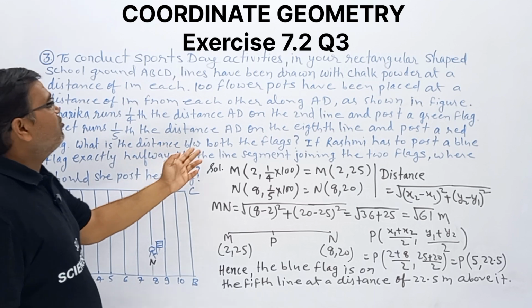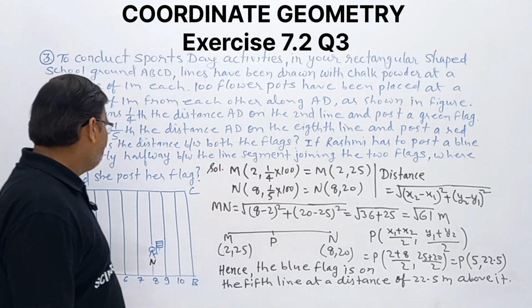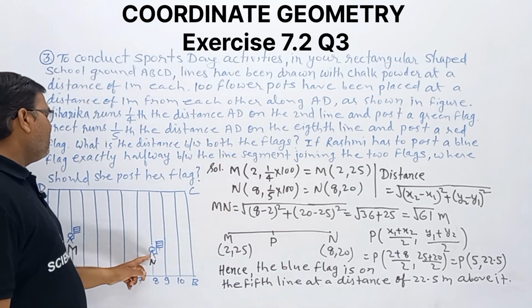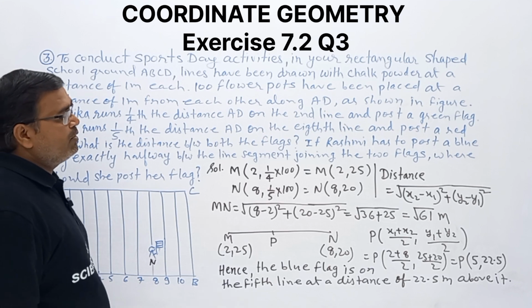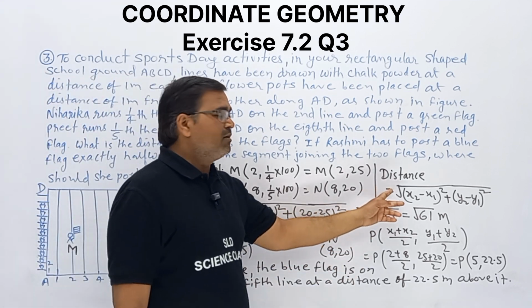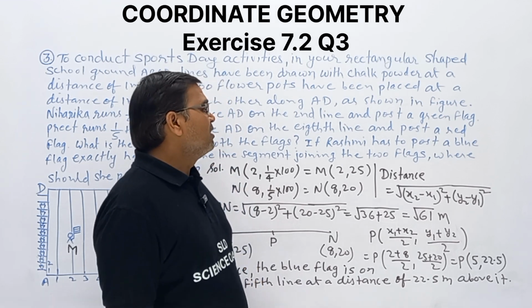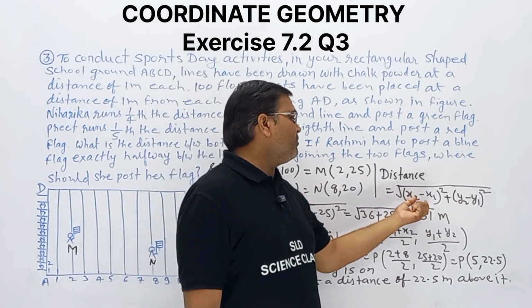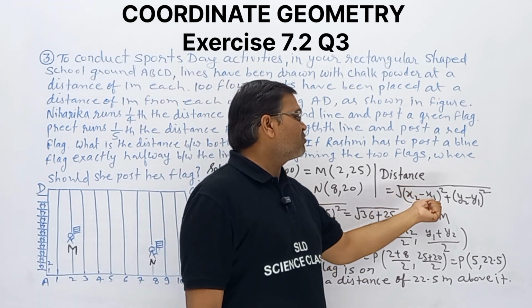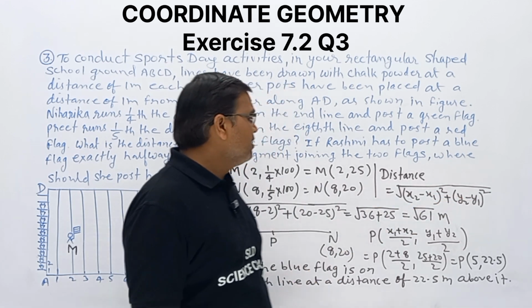What do we want? The distance between both the flags. So we will use the distance formula. Once we have two points x1 y1 and x2 y2, the distance between these two points is the square root of (x2 minus x1) whole square plus (y2 minus y1) whole square.